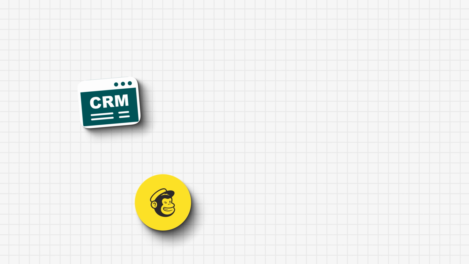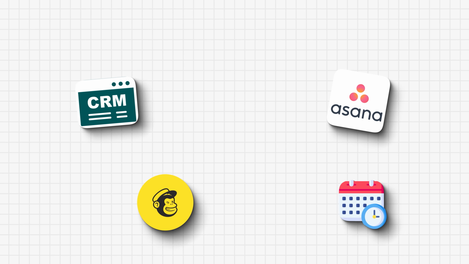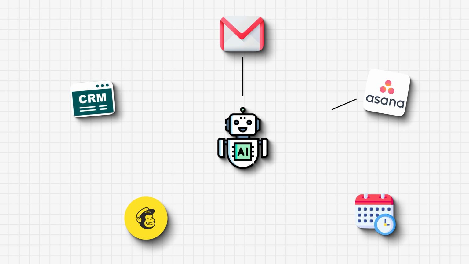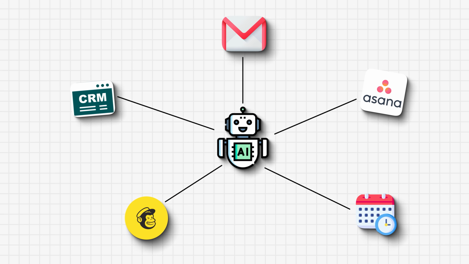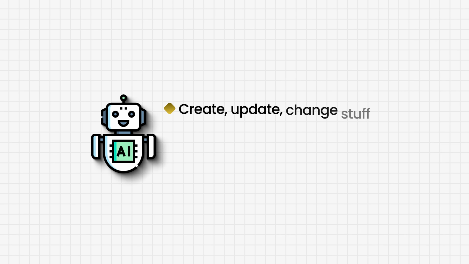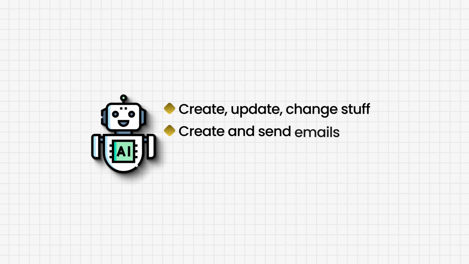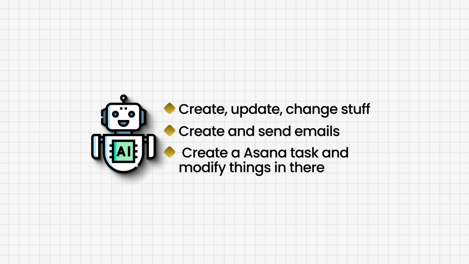You connect your business tools like CRM, an email tool like MailChimp, website, project management tools like Asana, your calendar, email, whatever, and you connect it to an AI to actually go and do stuff across these tools, to create, update, change stuff, create and send emails, or create Asana tasks and modify things in there.